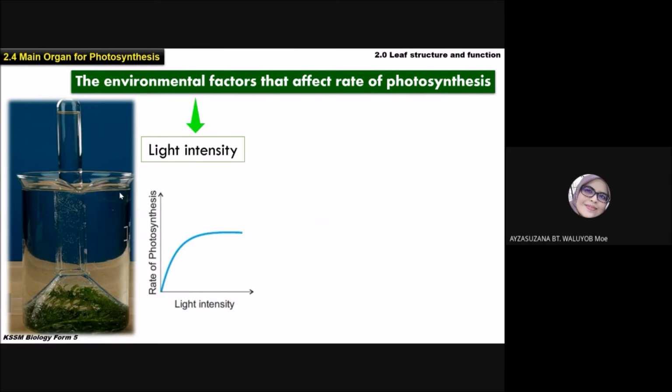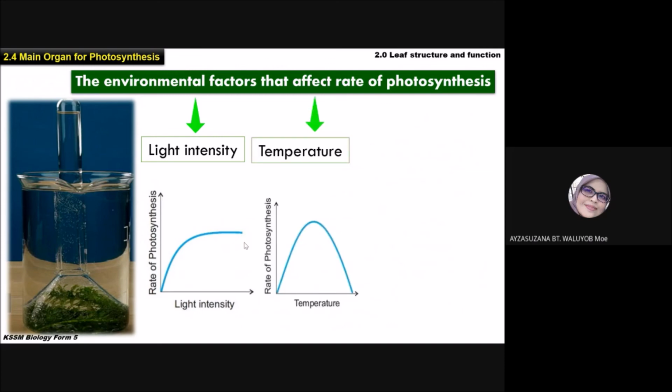So, ini graf dia. Maksudnya semakin tinggi light intensity, semakin tinggi the rate of photosynthesis sampailah dia berada dalam keadaan constant. Temperature. So look at here, pada suhu yang panas, dia punya reaction adalah pada tahap maksimum.